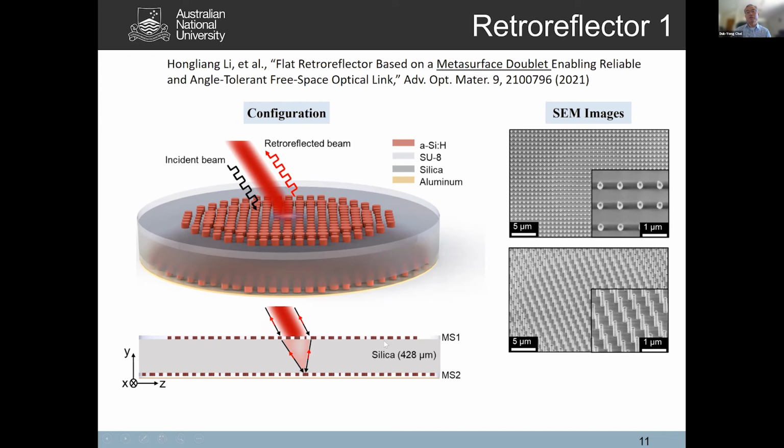This is the convex lens, and this is the concave lens, with an aluminum reflector on the back. The thickness of this silica substrate should be carefully chosen, exactly matched with the focal length of the concave lens and convex lens.